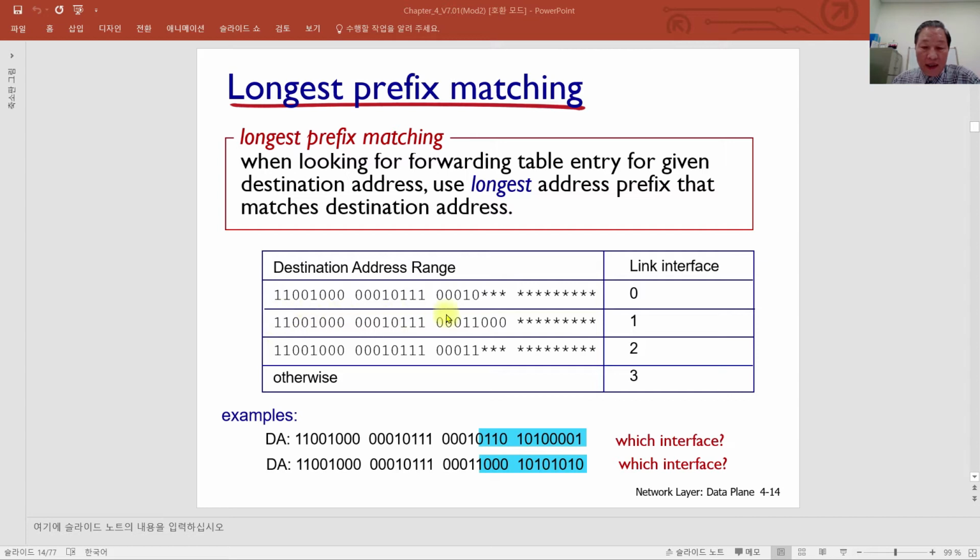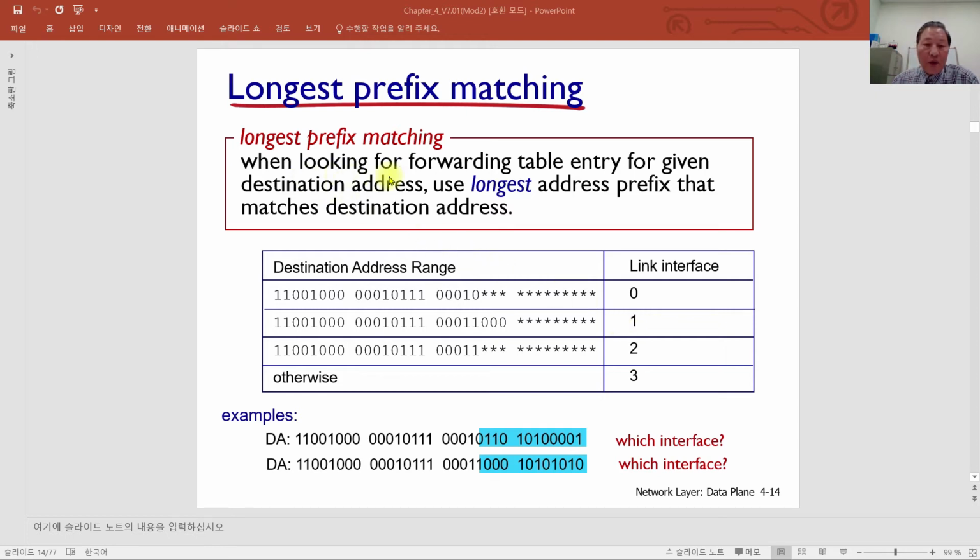We compare up to there, and that is the longest one. If that is matched, then that link interface will be selected, and our packet will be forwarded through that link interface.